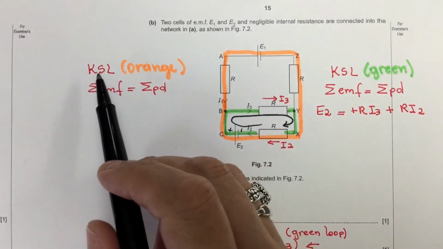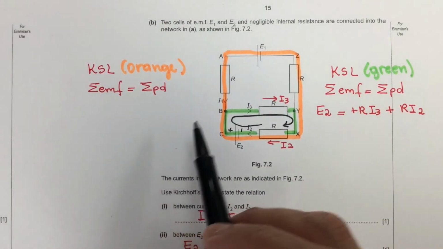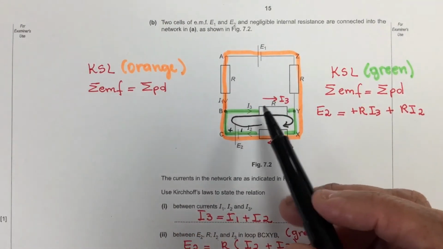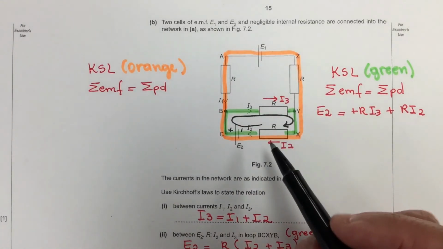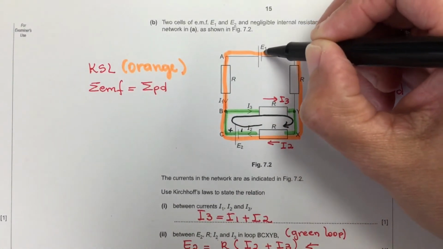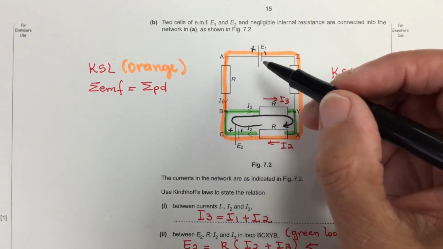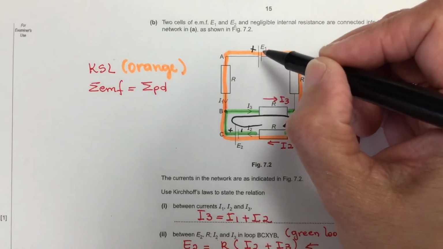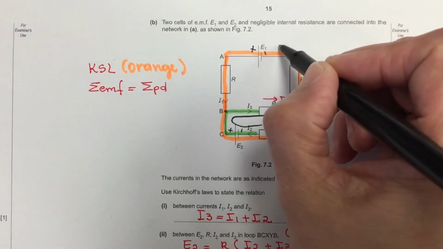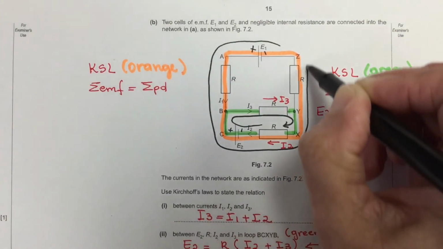We are going to use Kirchhoff's second law for the orange loop as well. But before, we need to determine the path of the loop. I'm going to be guided by this one here. Again, the direction of the path is arbitrary. So from negative to positive, and I'm going to do my loop this way, the external one.